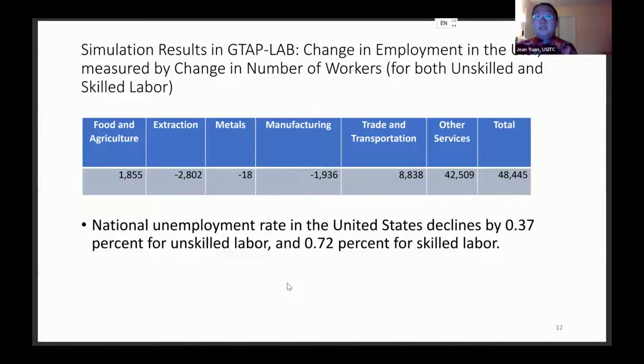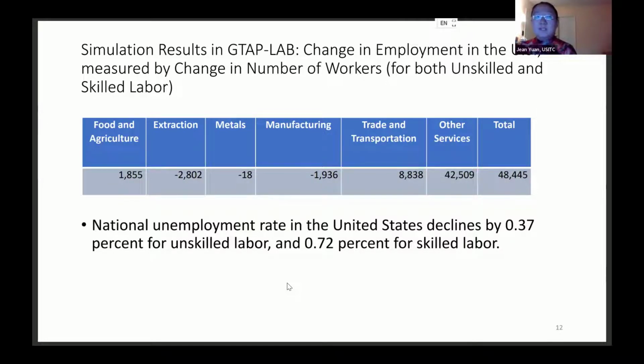And here is the change in employment in each sector for the US, for both unskilled and skilled labor. The simulation results give us the percentage changes, but we are doing a back of the envelope calculation that uses this percent change times the US workers in 2011 in all these 6 sectors to give you this change in employment measured by the number of workers.